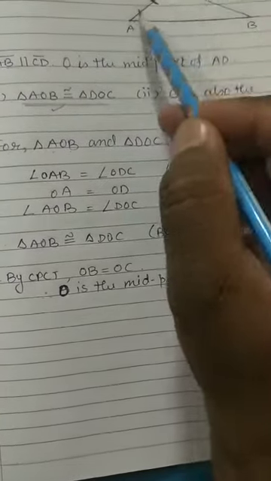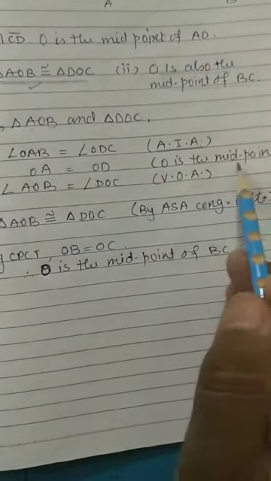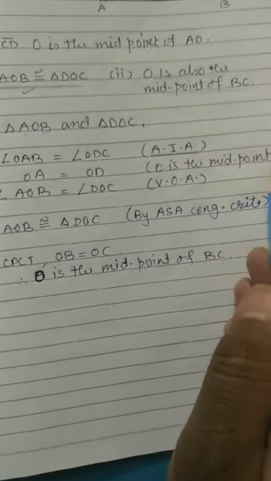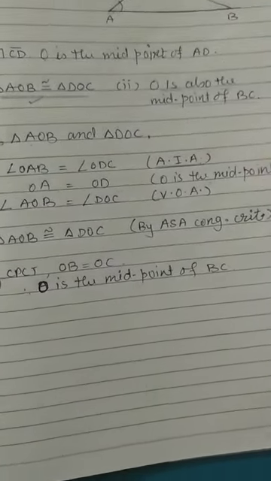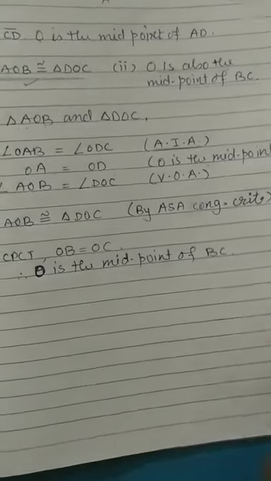OA is equal to OD, which is given to us because O is the midpoint, so you can say this distance and this distance are equal, right?